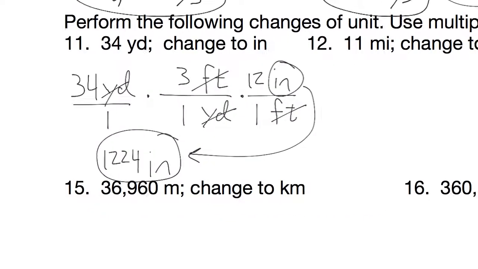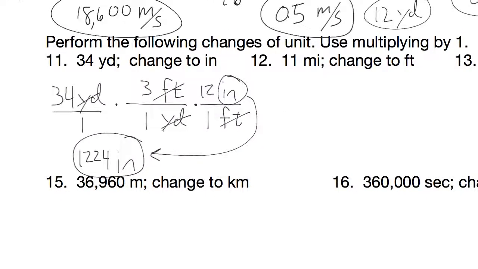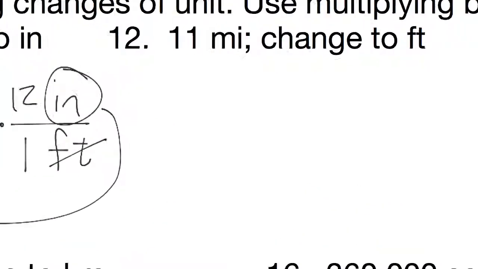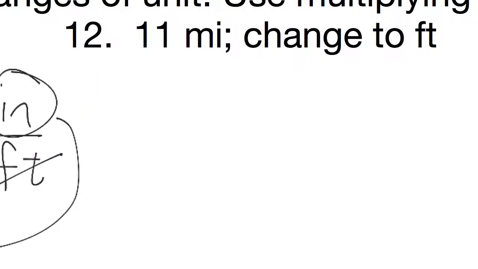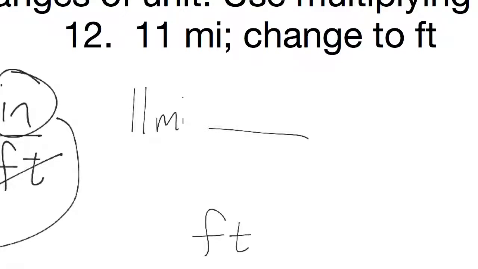Alright, so number 12, let's change miles into feet. We're going to start out with 11 miles, and then we want to somehow change that into feet. Well, in order to cancel out miles, I need miles on the top and miles on the bottom.